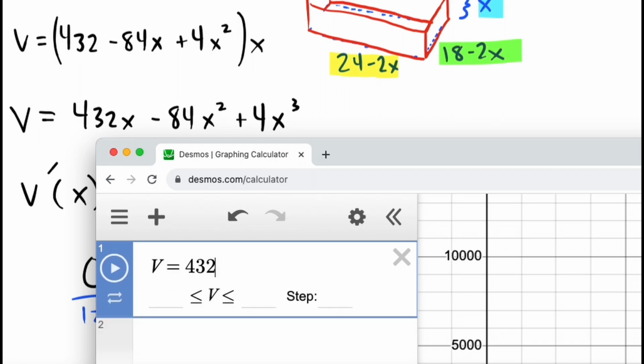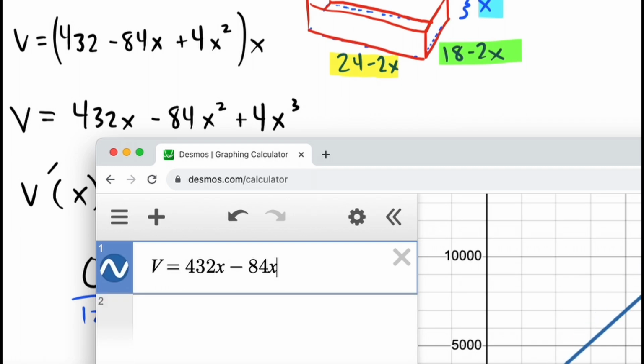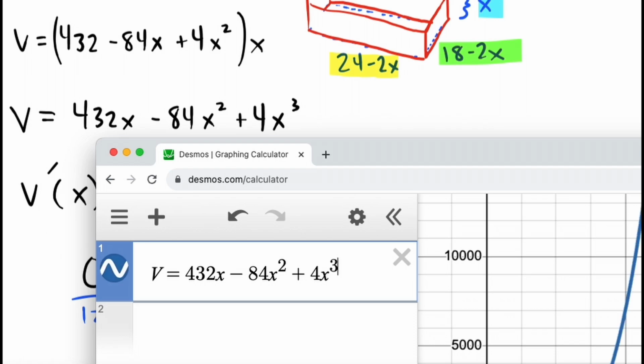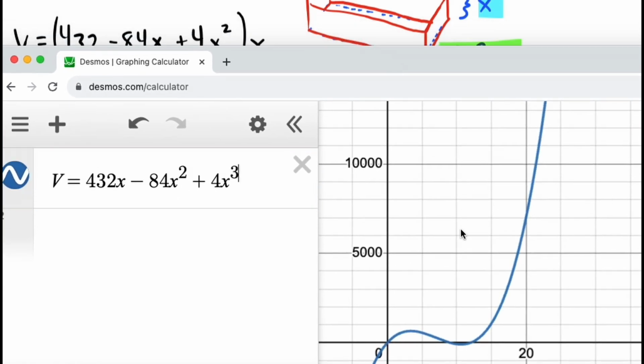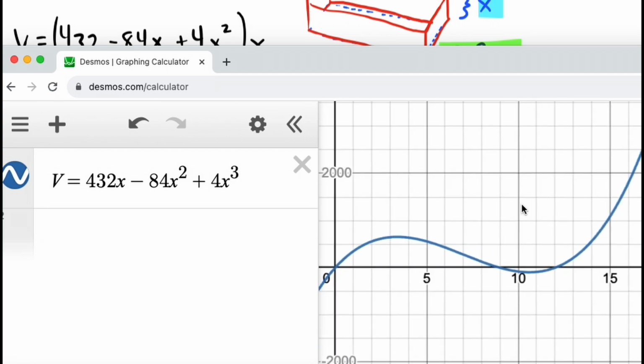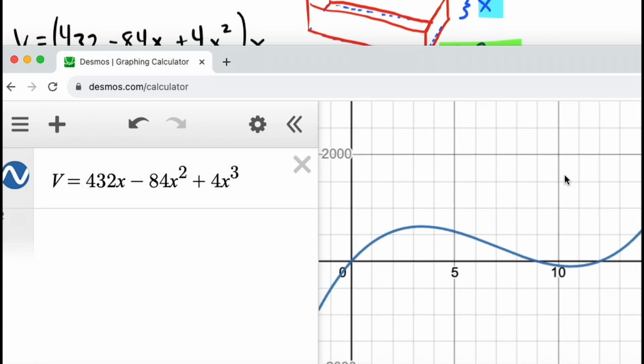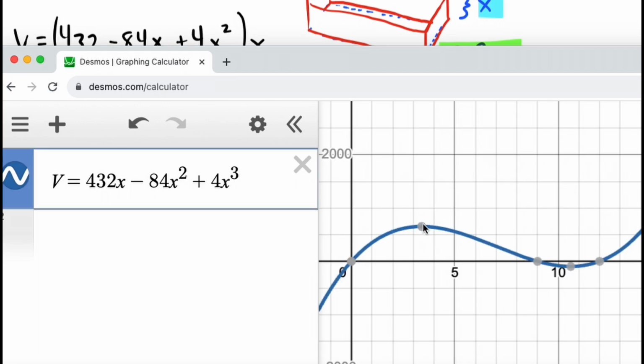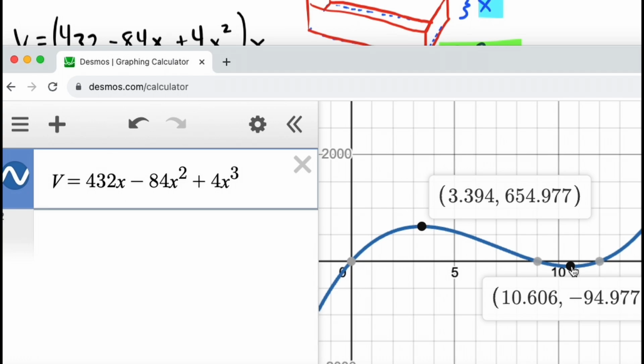Here's our objective function. So clearly there are two extreme values. There's a peak here and a minimum, a valley there. This is a function for the volume, so obviously this one on the right is not realistic. Only this one is realistic, the 3.39.